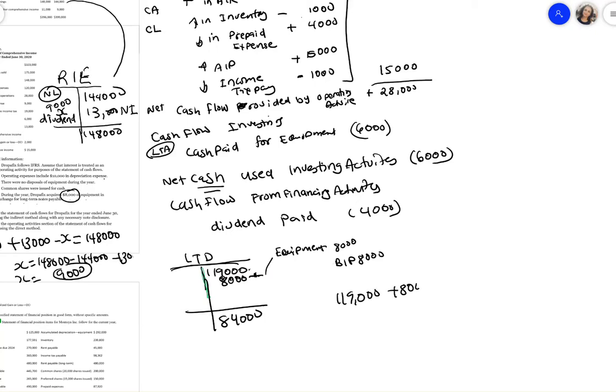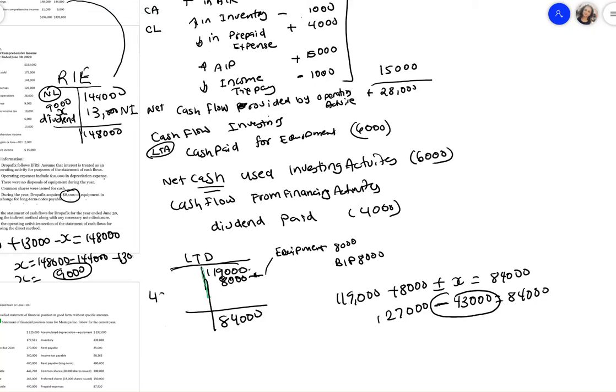109,000 plus your 8,000, and then plus or minus X equals your 84,000. So now if you look at it, you have 117,000. What we needed to do is minus 43,000 to get your 84,000. So it is a minus number. When I carried it over, I didn't do that.